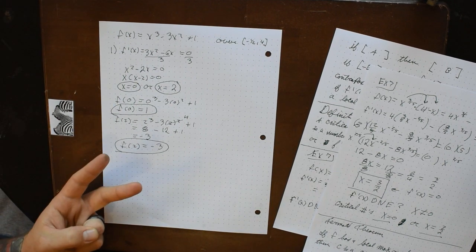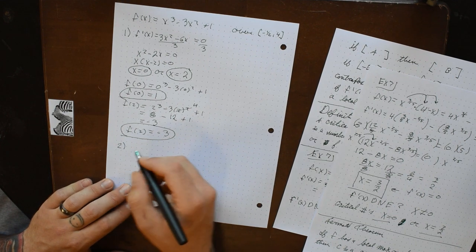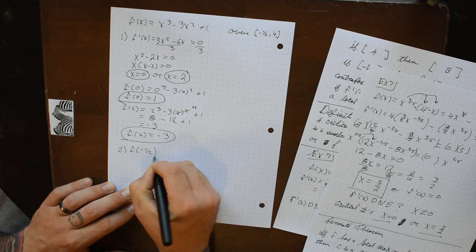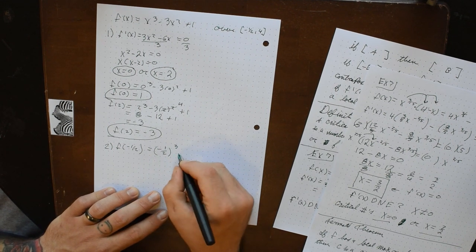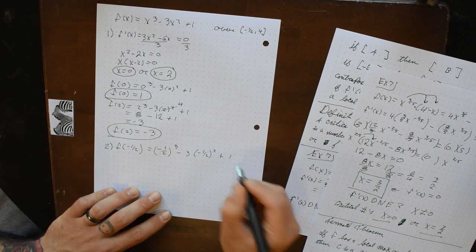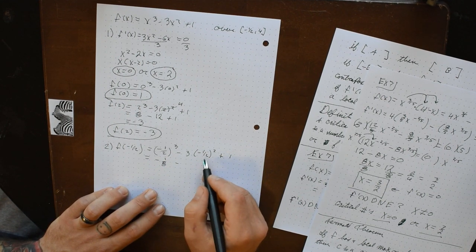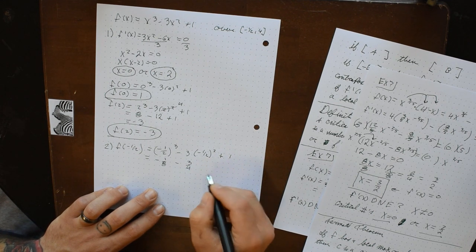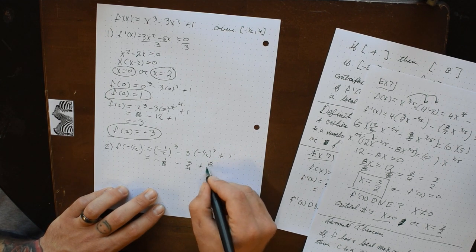The second part of our process is that we want to consider the endpoints. So our second step is we want to figure out the y value that is associated with negative 1/2. That's going to be negative 1/2 cubed minus 3 times negative 1/2 squared plus 1, which is going to be negative 1/8 minus, negative 1/2 squared is 1/4 times 3 is 3/4, plus, I'm going to write 1 as 8/8.